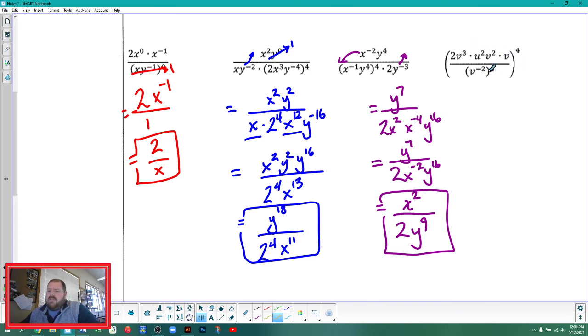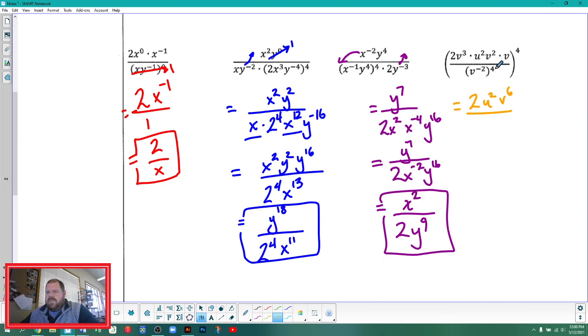So I've got u's and v's, which also I'm dealing with trying to tell which one's a u and which one's a v. So I've got v to the 3rd, v to the 2nd, and v to the 1st. 3 plus 2 plus 1 is 6. And I have a u squared right there. So I'm going to say 2u squared v to the 6th.